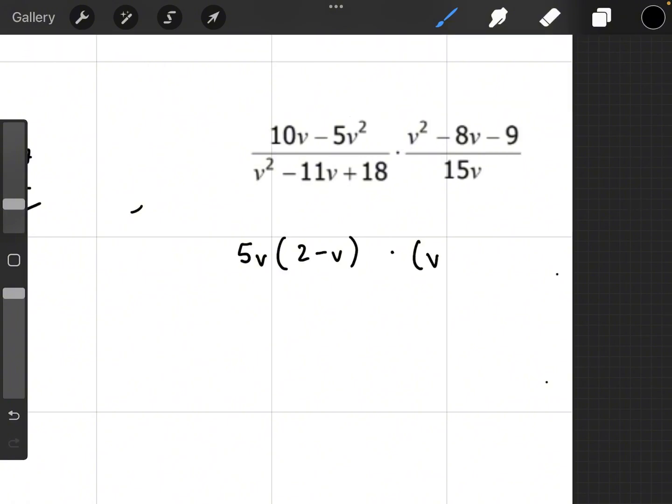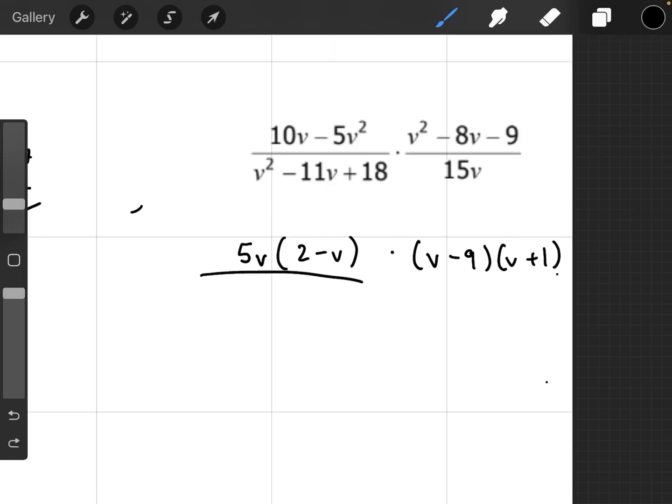We can factor this out to v and find terms where added up they'll equal -8 and multiplied they'll equal -9. They'll be -9 and +1.